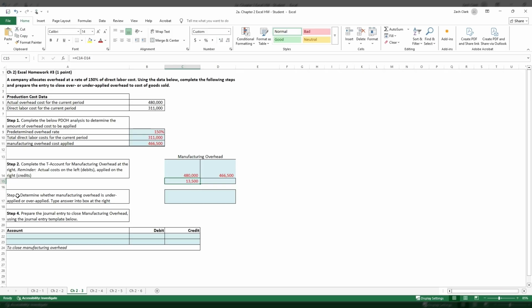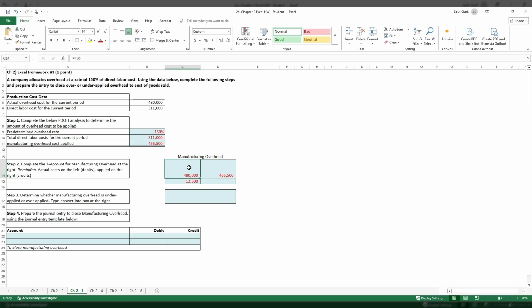Then step 3 asks us to determine whether manufacturing overhead is underapplied or overapplied. Type your answer in the box at right. I think we can use logic to answer this question most of the time. Our actual cost was $480,000, and the estimated overhead that we calculated and included on our jobs was $466,500.